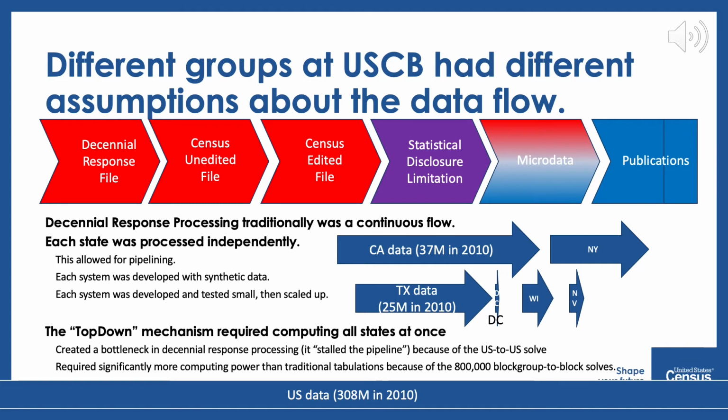And this created a bottleneck in the decennial response processing because of the mechanism that we chose for differential privacy. And another impact of our mechanism is that it required significantly more computing power than the traditional tabulations. And this is because our mechanism required 800,000 privacy optimizations to be performed.